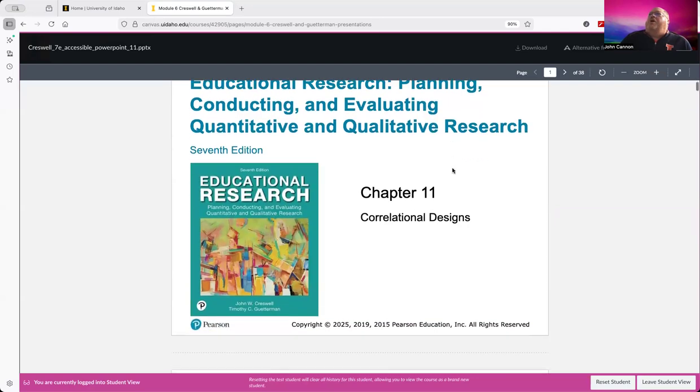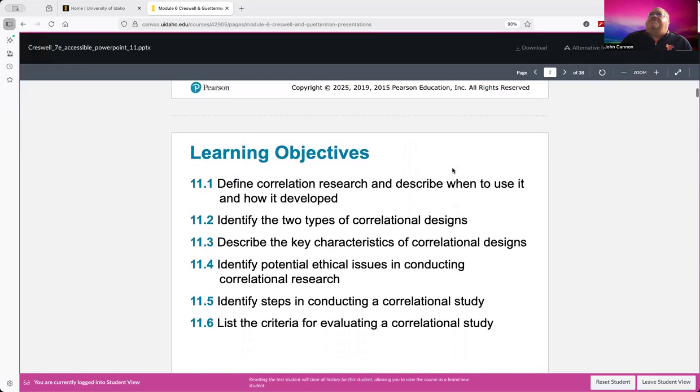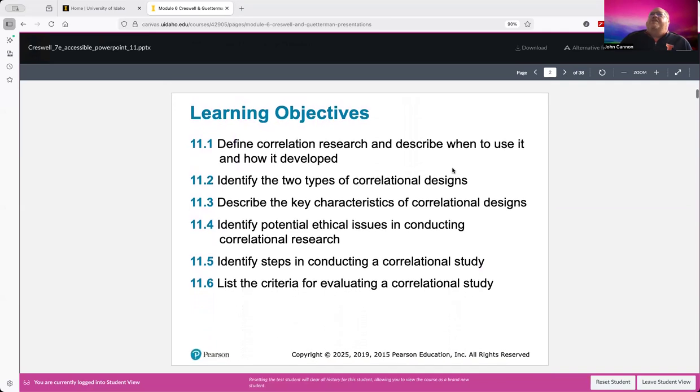Then chapter 11 on correlational designs. The first learning objective is define correlation research and describe when to use it and how it is developed. Number 2, identify the two types of correlational designs. Describe the key characteristics of correlational designs.